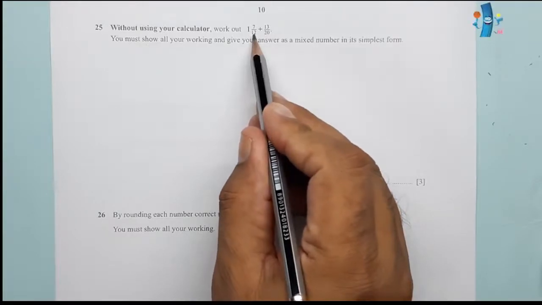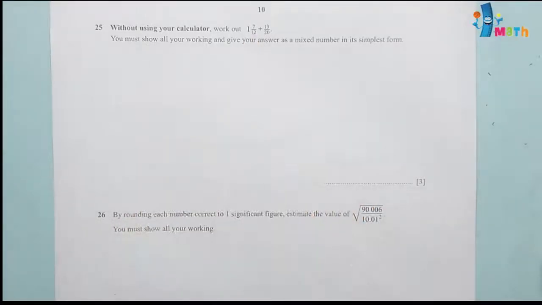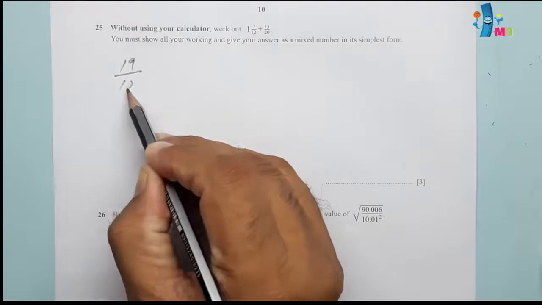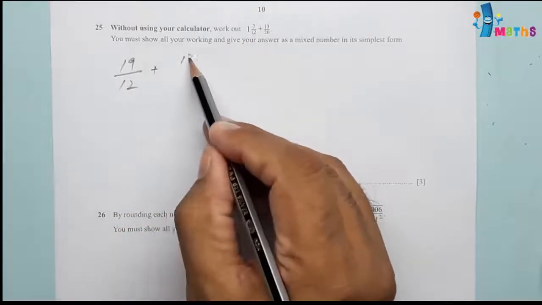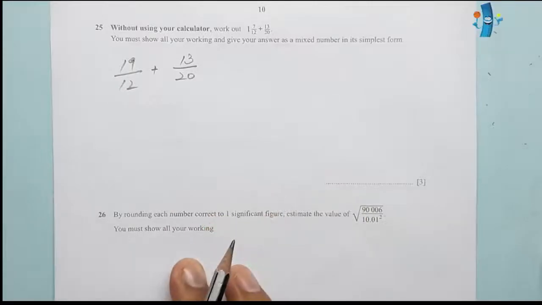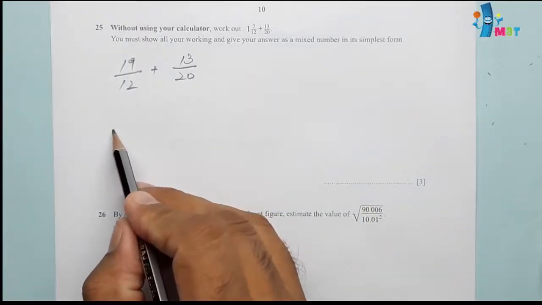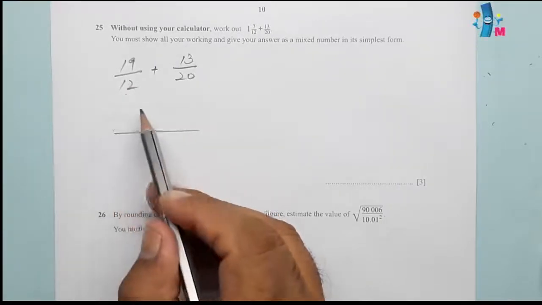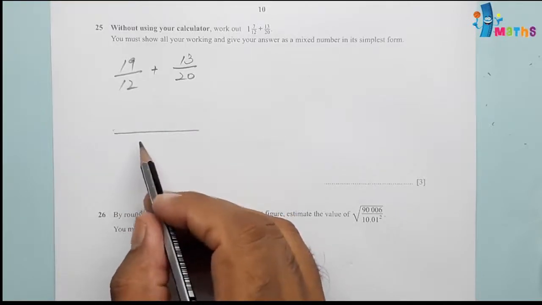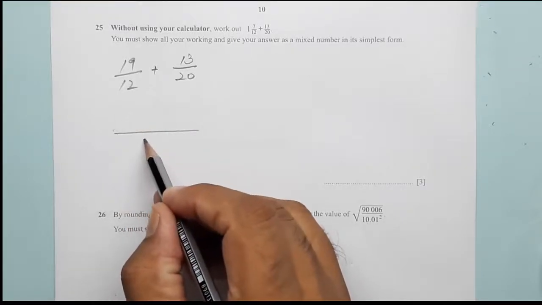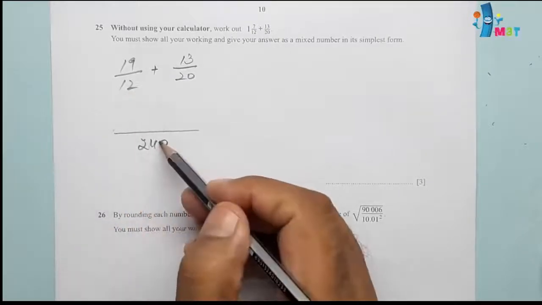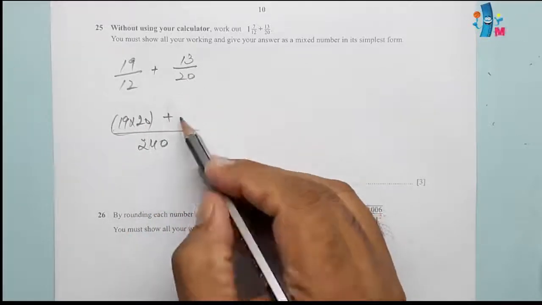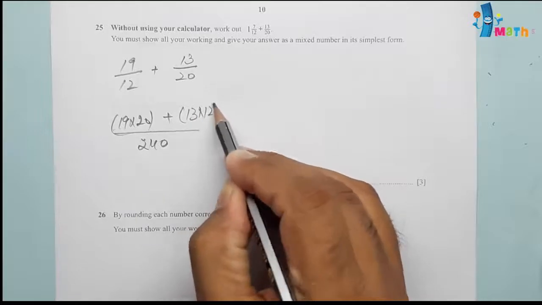This is basically 12 into 1, so 12 plus 7, so it will be 19 over 12, plus this will be 13 by 20, so we can take the LCM, for example 240. 240 divided by 12 will be 20, so 19 into 20 over here, plus this will be 13 into 12.